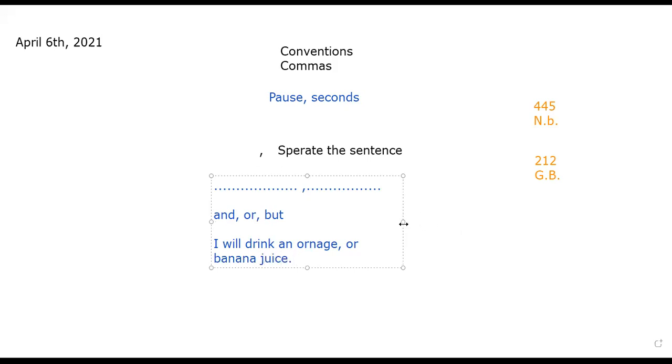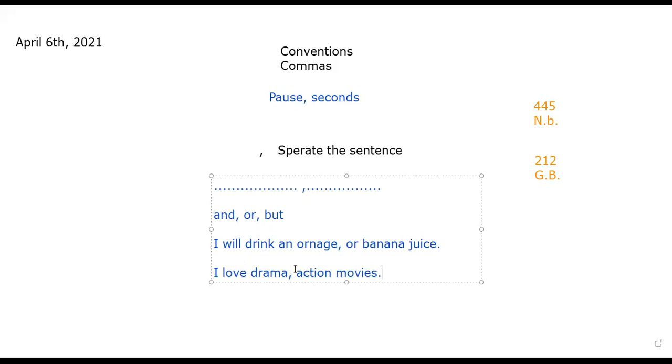So when I put one of the conjunctions like or, but, and, that link two sentences together, then before the conjunction I have to put a comma. For example, if I say I love drama, and action movies. Here I put and, which is another conjunction. Before the conjunction, I have to put a comma.